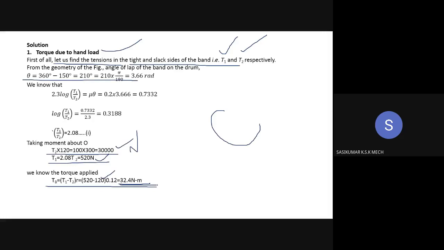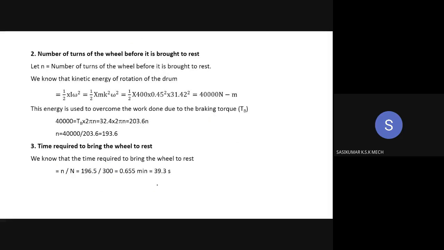And the next thing, what is the number of turns the wheel will make before coming to rest? So let us have small n as the number of turns of the wheel before it is brought to rest. We know the kinetic energy of rotation is half into I omega square.